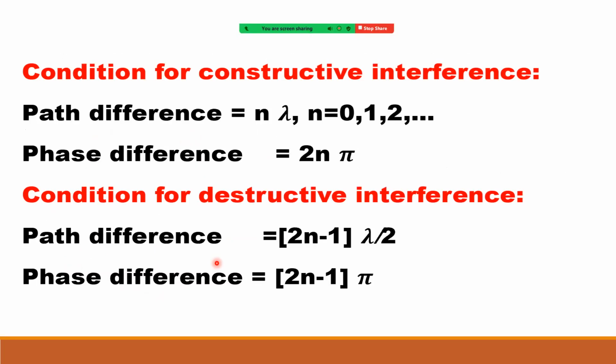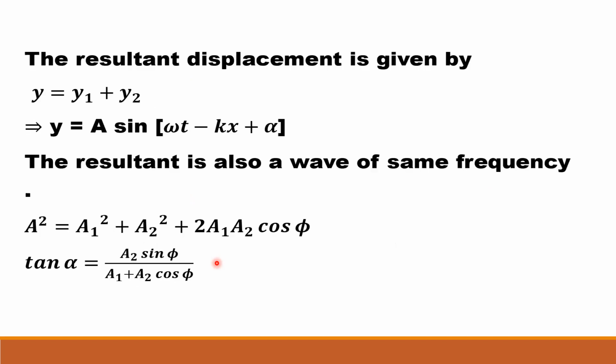Now see the next one. When two waves are superposed, the corresponding amplitude may be large or may be small. You can see in the previous one, A squared equals A1 squared plus A2 squared plus 2 A1 A2 cos phi.